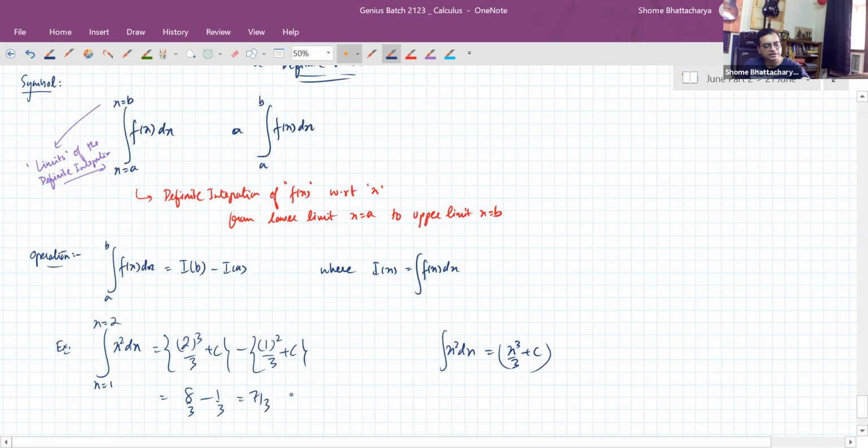Okay, so we get a definite value, as you can see. The indefinite constant cancels out. Okay. So basically over here, this is the value of the antiderivative at the point x equal to b, the upper limit, and this one is the value at the lower limit.